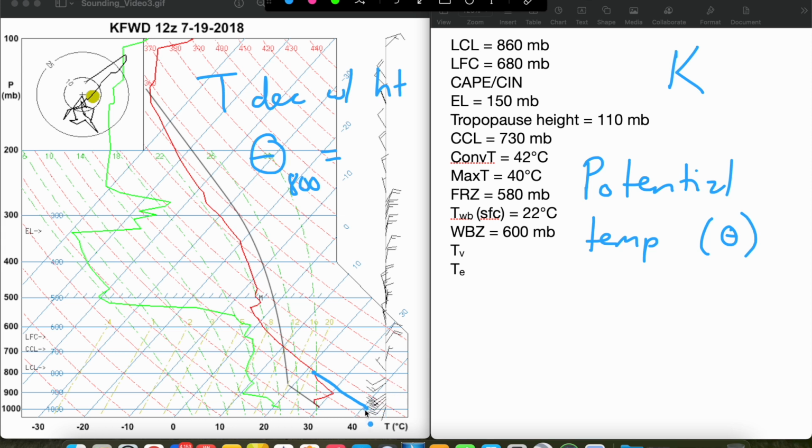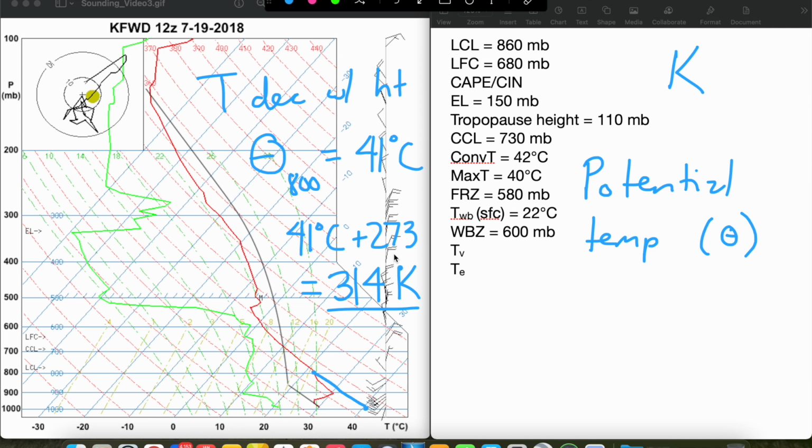So right about here, just to the right of the 40 degree isotherm, we'll say 41 degrees Celsius. And of course, converting to Kelvin, 41 degrees Celsius plus 273 equals a potential temperature at 800 millibars of 314 Kelvin.